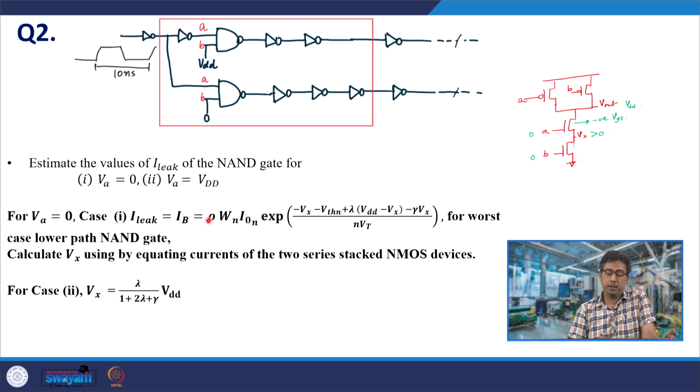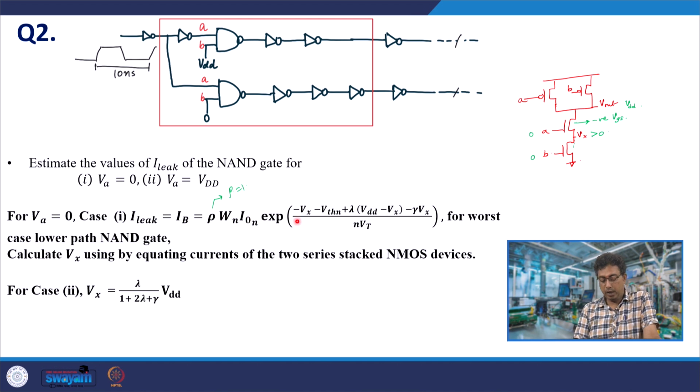Rho is the size of these N MOSFETs relative to the size of the N MOSFETs in the inverter, the factor by which you should increase their size. But here let us take rho to be 1, which does not matter because rho would be equal for both the NMOS devices. Even if you take it to be 1, whatever you calculate can be scaled; the leakage current would change only by a factor rho. So, taking it as 1 is not an issue.